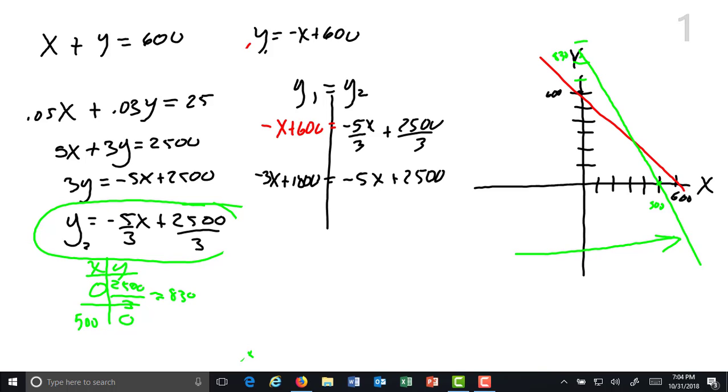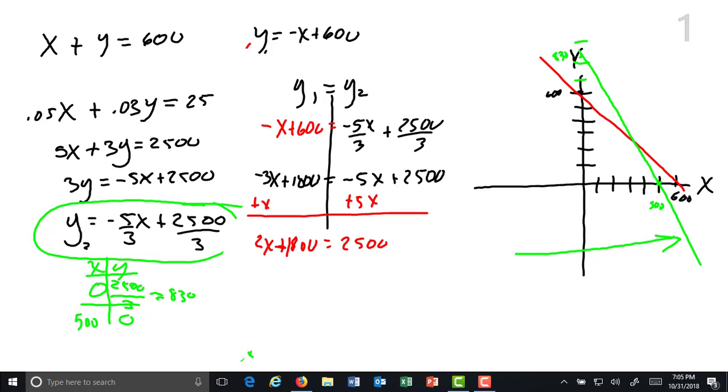Okay, which side has the fewest amount of x's? That's right. So actually I'm going to subtract.